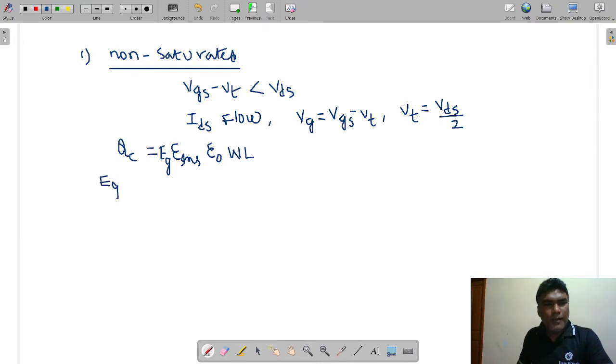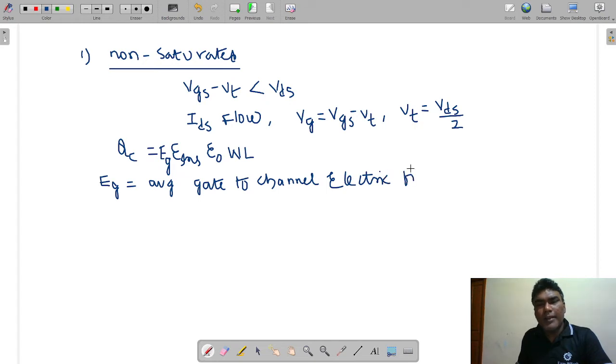EG is the average gate to channel electric field, and epsilon insulation is the SiO2 layer between the channel and the polysilicon. For SiO2 the value is 4.0, and epsilon naught is the free space permittivity.